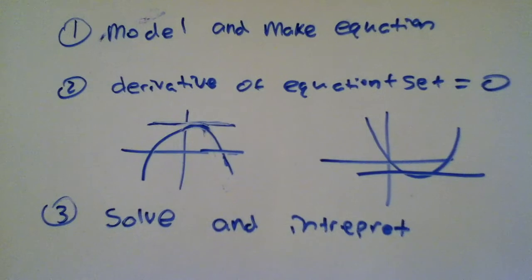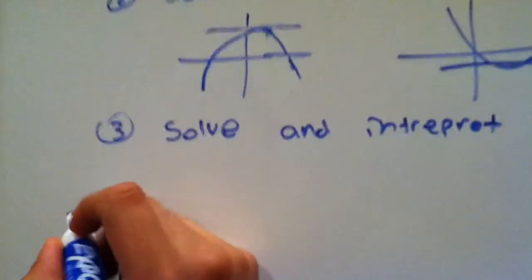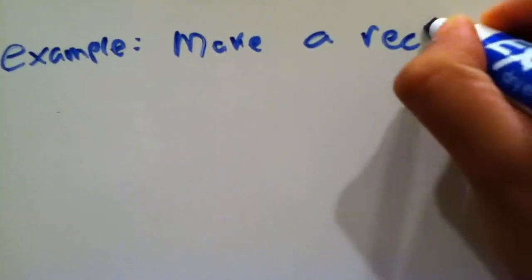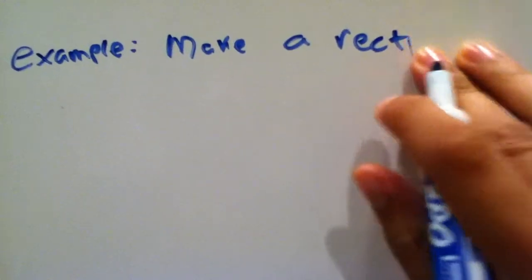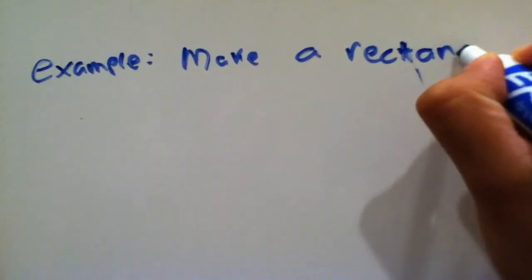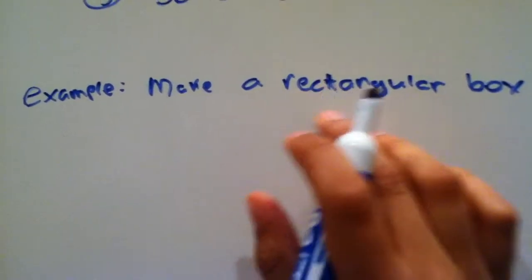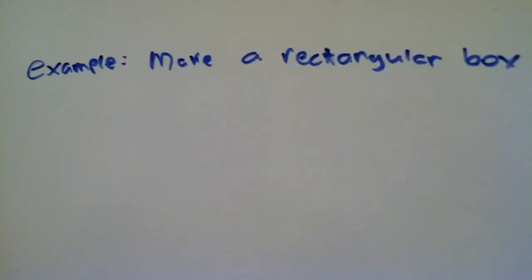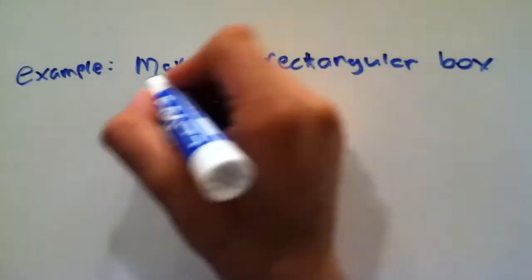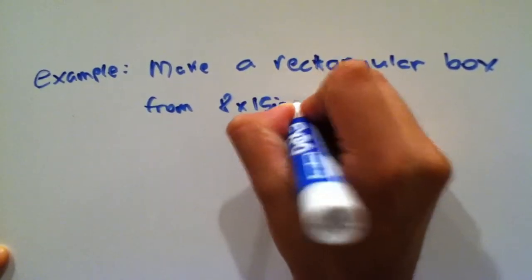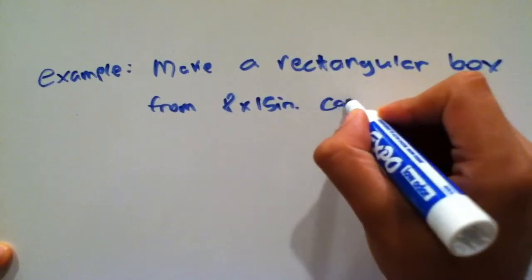So you have to make a rectangular box. Here's the problem example. Make a rectangular box from an 8 by 15 inch piece of cardboard.